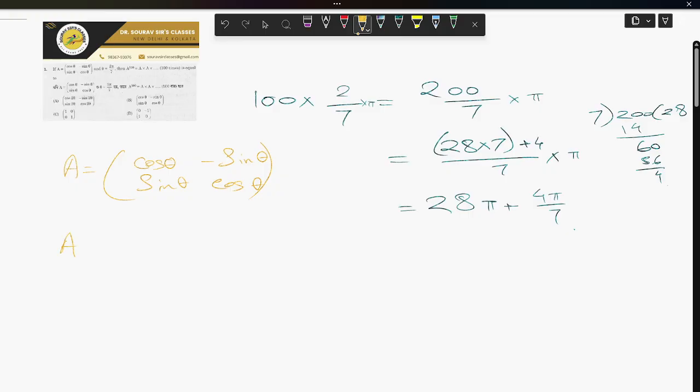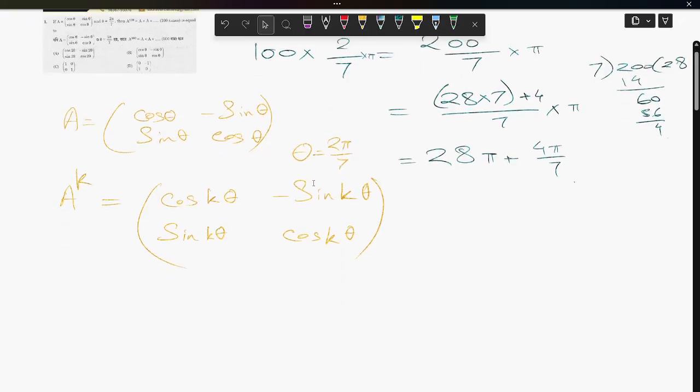If we take A to the power k, then the property of this matrix is that it becomes cos k theta, minus sin k theta, sin k theta, and our a22 term will be cos k theta. Put this value in here. As our theta is equal to 2 pi by 7, that's why I computed this thing.